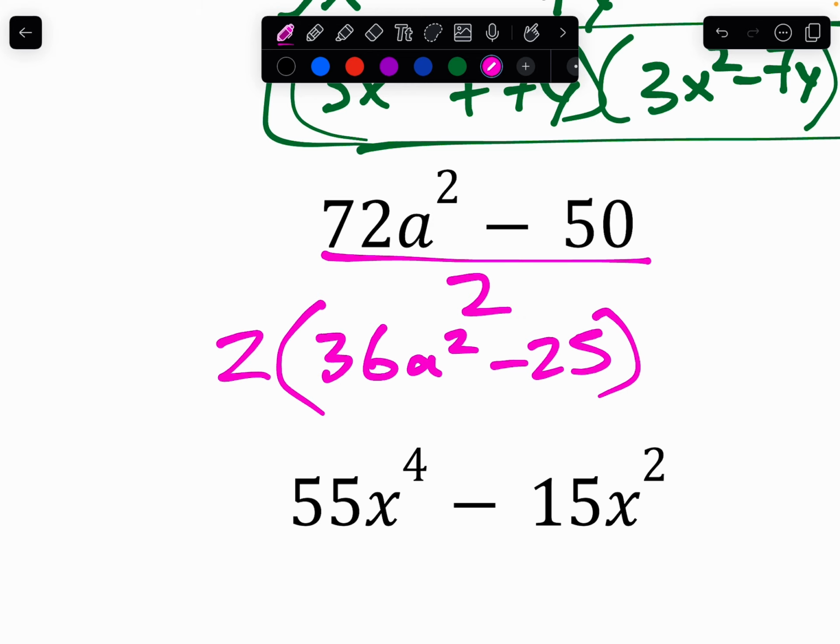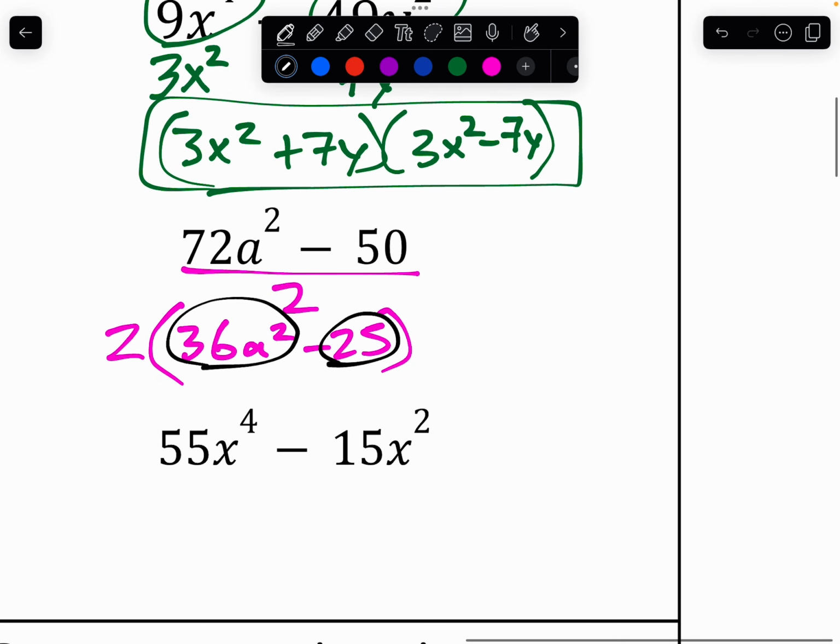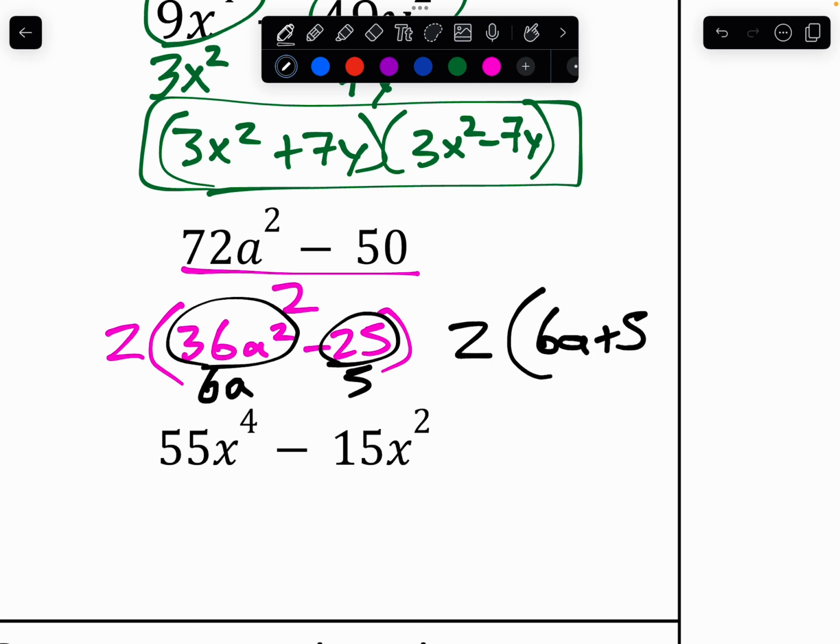If I have now both of these being squares, I can go ahead and take the square root and get 6a and 5. So it's going to be 2, 6a plus 5, and 6a minus 5. And there we go.